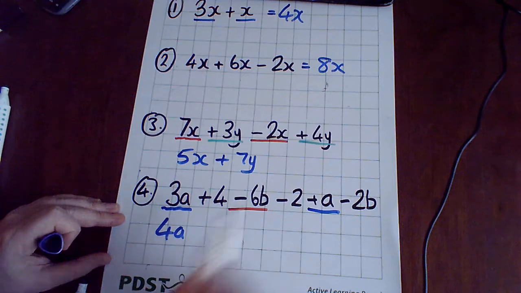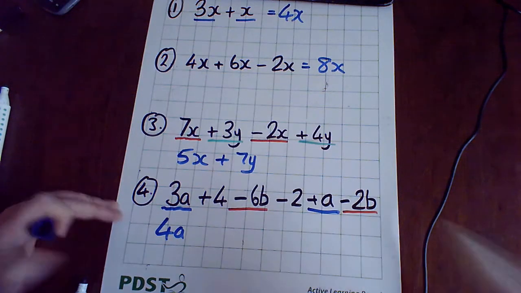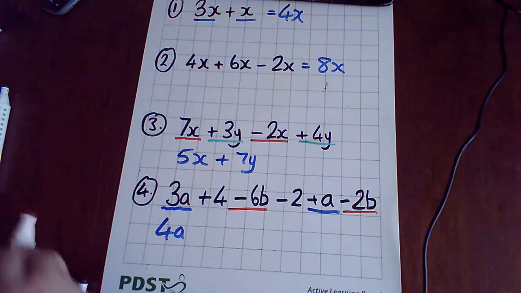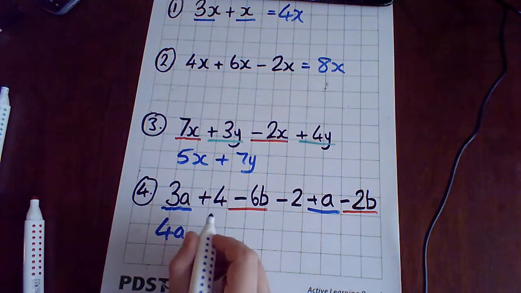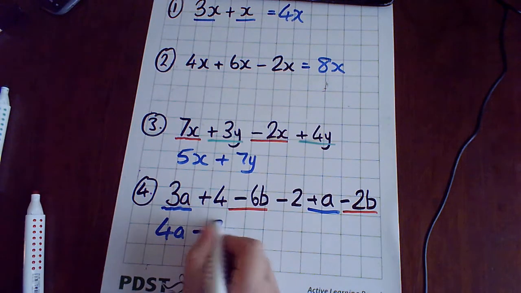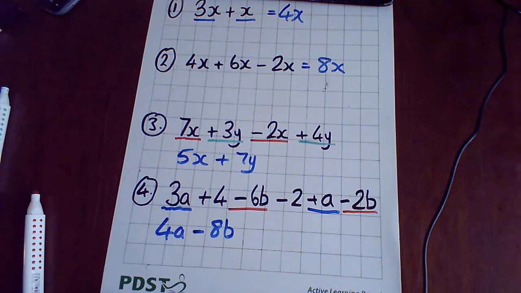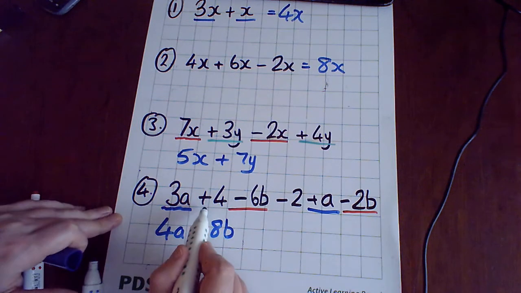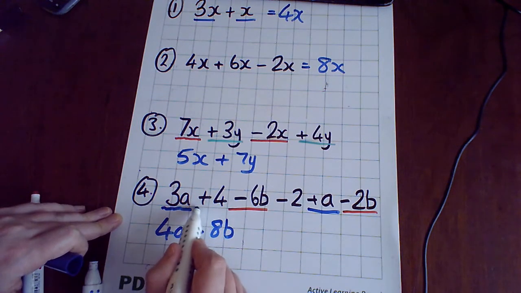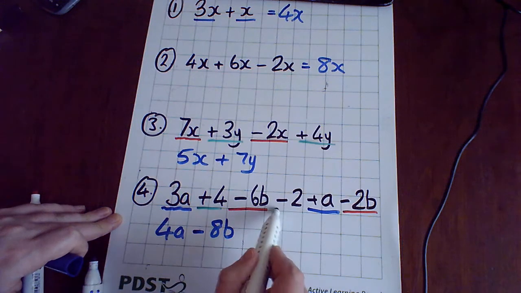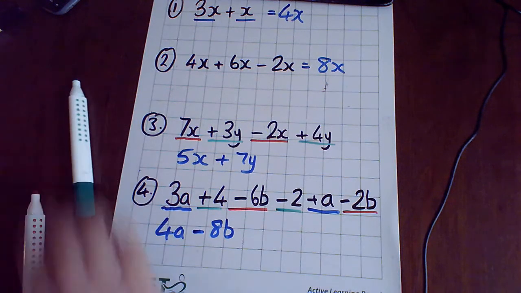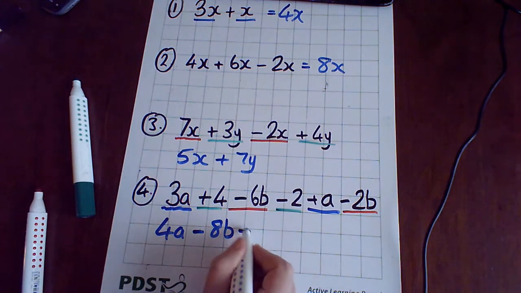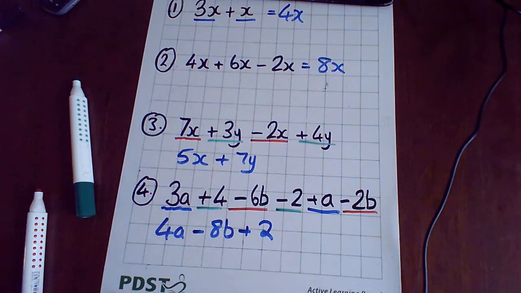Minus 6b and a minus 2b. Now be very careful here. Minus 6b, take away another 2b, is minus 8b. And we still have some other terms in there. We have constants, things that don't have a variable. So we have a 4 and we have a take away 2. So 4 take away 2 is plus 2.